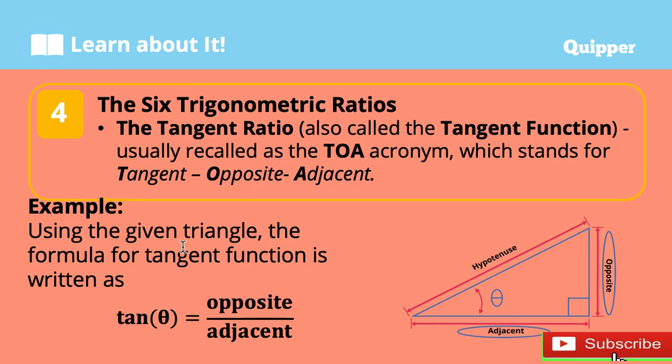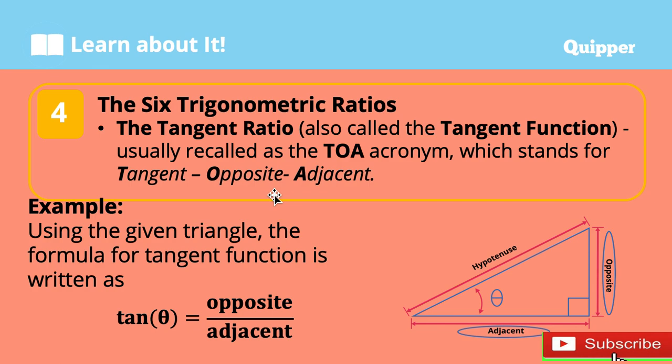Next is the tangent ratio. This is the third trigonometric ratio. It is also called the tangent function, usually recalled as the TOA acronym, or the TOA in SOH-CAH-TOA, which stands for tangent, opposite, and adjacent.